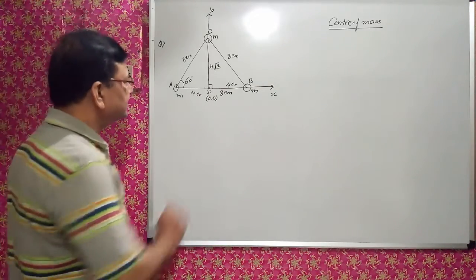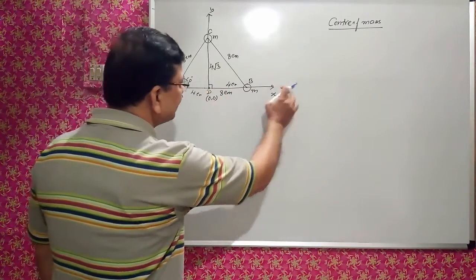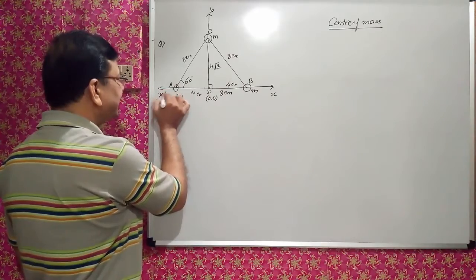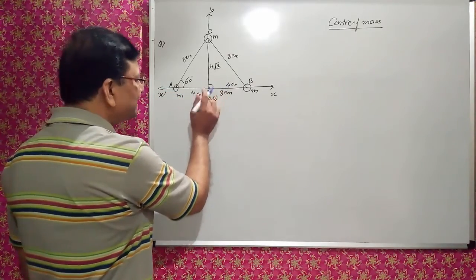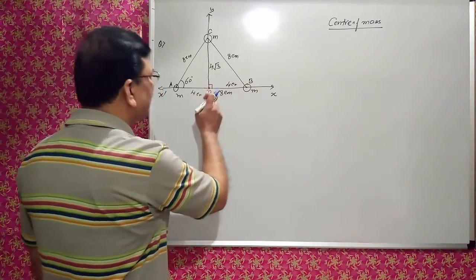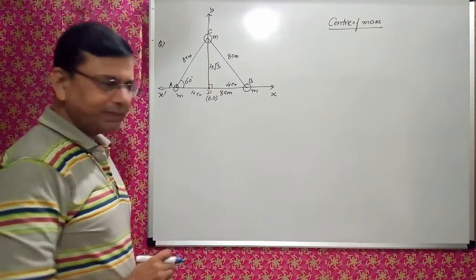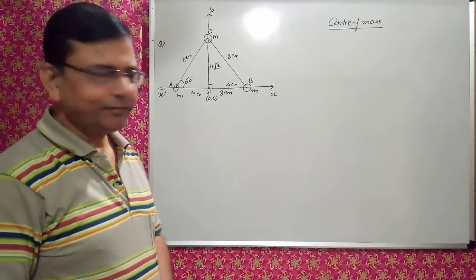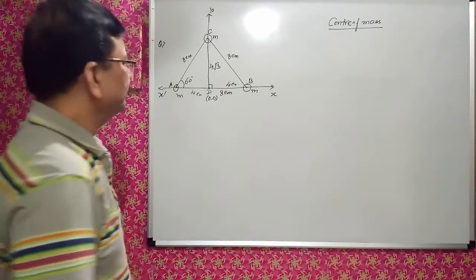Here you see, since this is the origin, this is the positive direction, this will be the negative direction, I will say. This is x dash in this case. So all the measurements done in this direction and in this direction will be positive, in this direction and in this direction will be negative according to the coordinate system. Right.